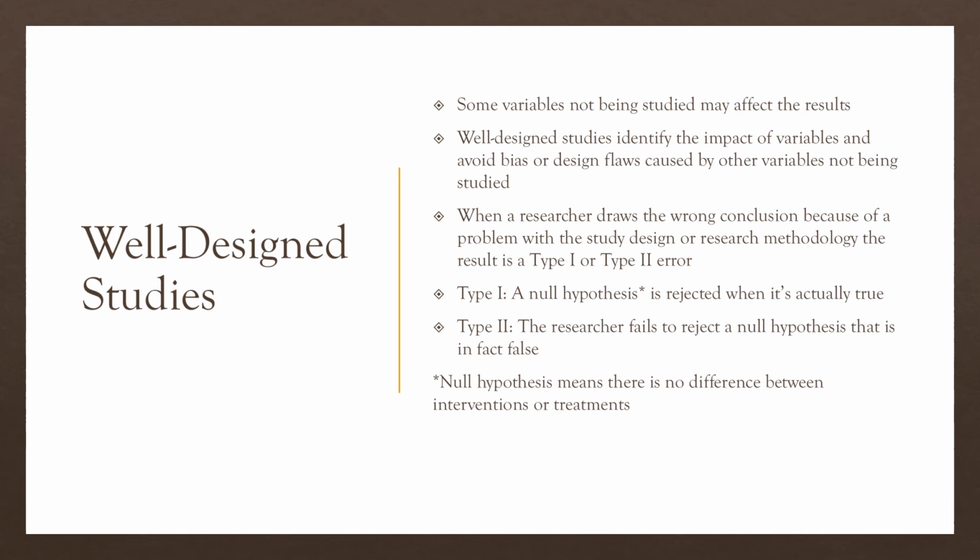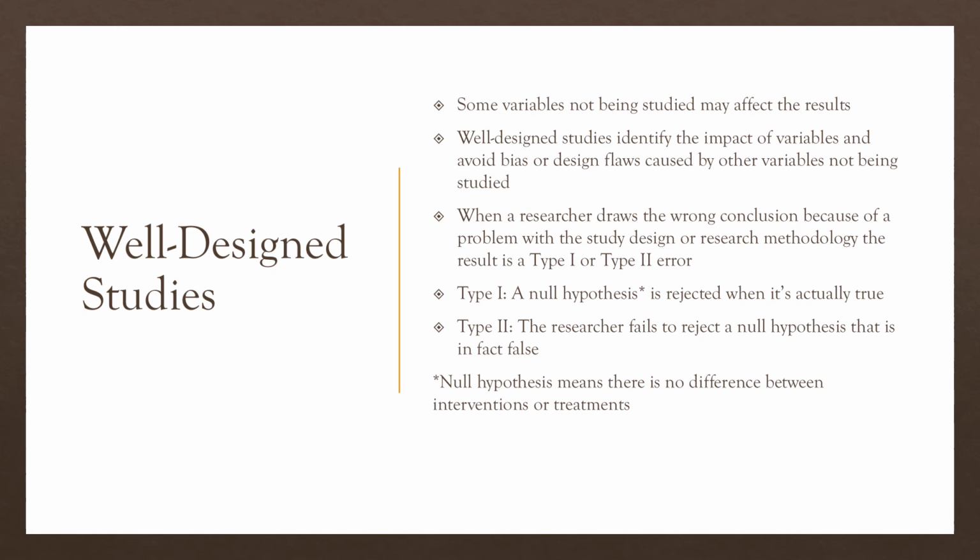So that was just to kind of get to the point of explaining what null hypothesis means. A null hypothesis means that there's no difference between the intervention or no intervention, or between two treatments.